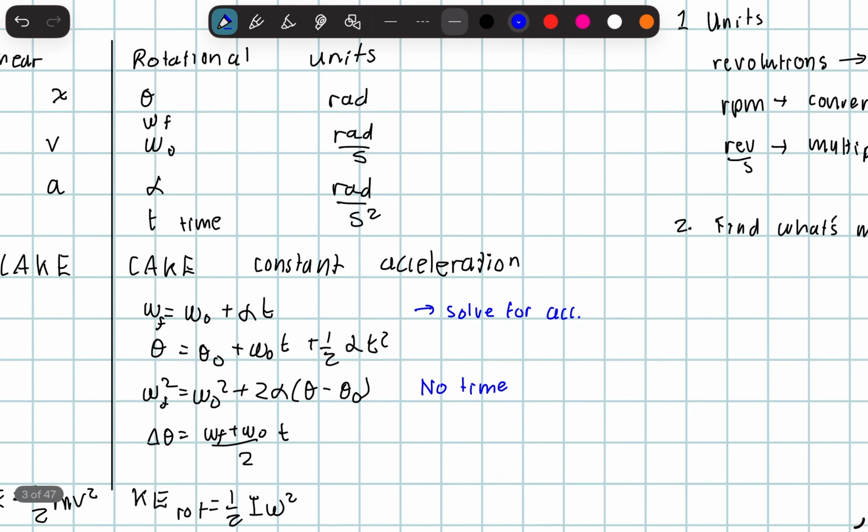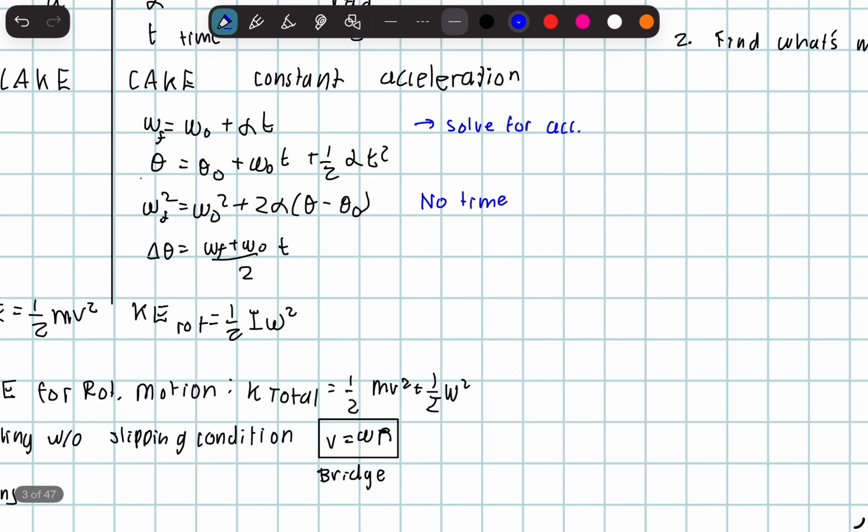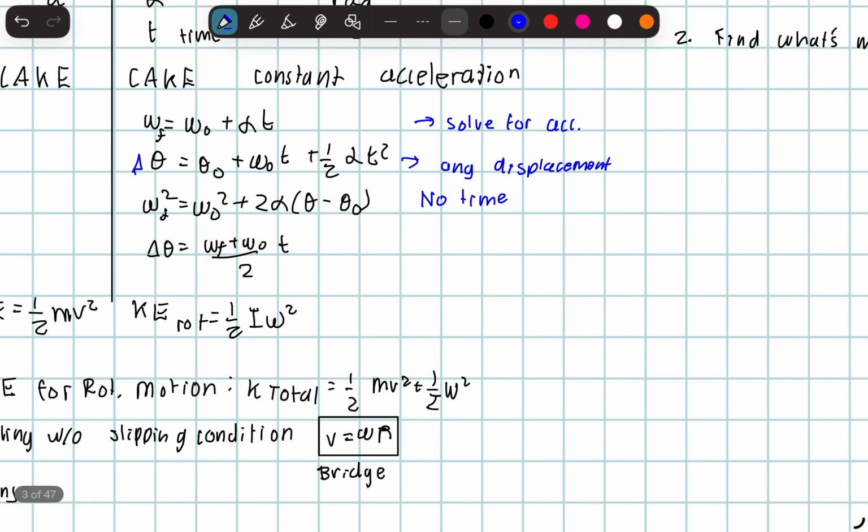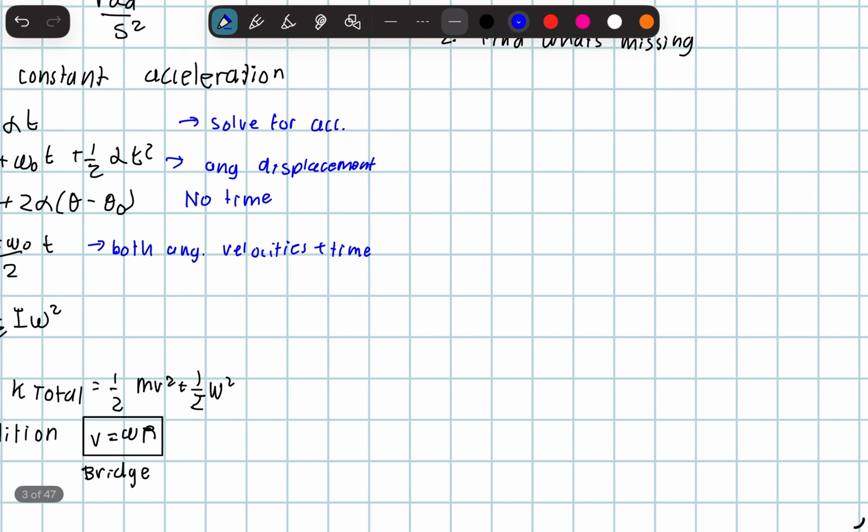Now, if you need angular displacement, you use this equation: omega initial t plus one half alpha t squared. So now what about if you have both angular velocities and you also have time? Then you use this one.